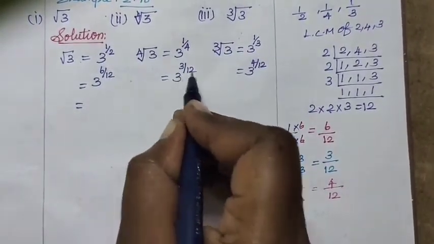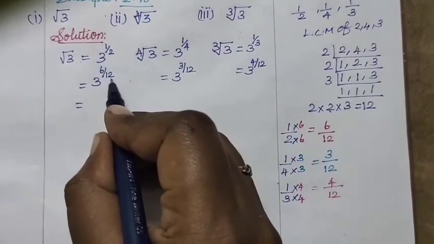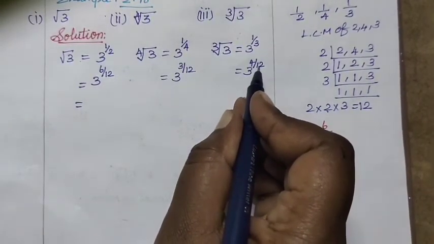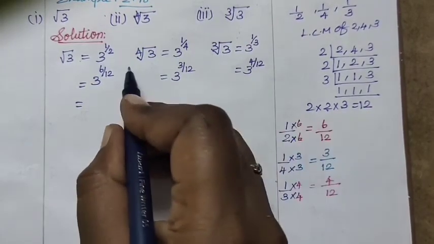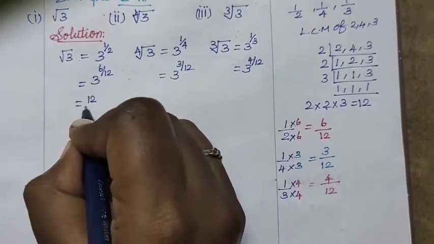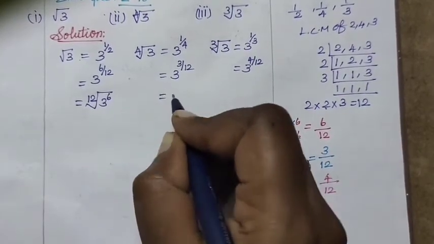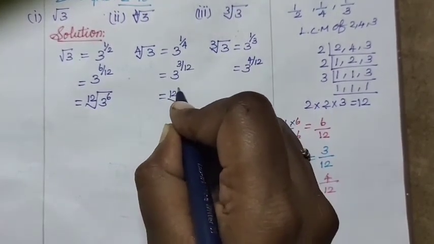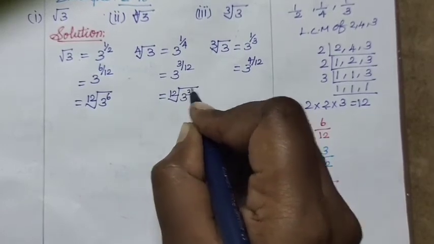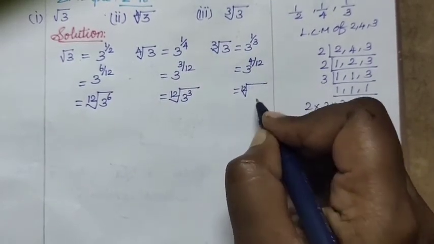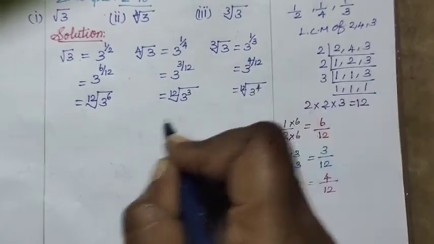Now these numbers are in the same order of 12. So 12th root of 3 to the power 6, 12th root of 3 to the power 3, 12th root of 3 to the power 4.